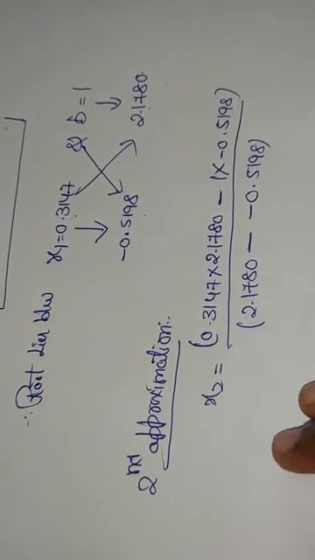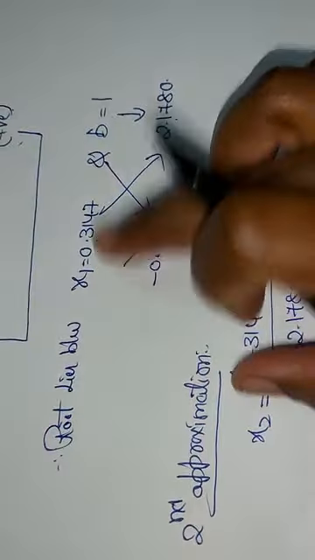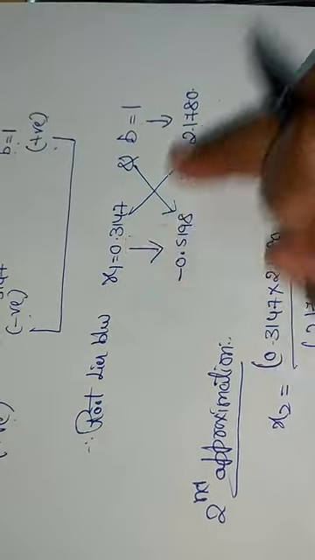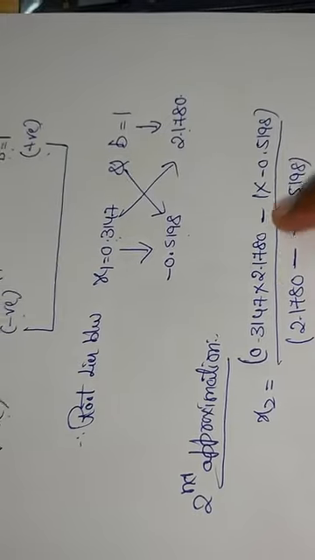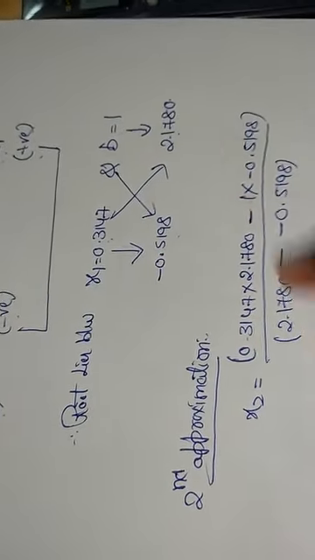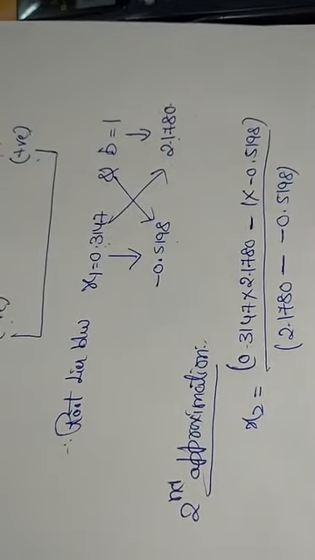So again, take this as a, b, f of a, f of b: a into f of b minus b into f of a, by f of b minus f of a.